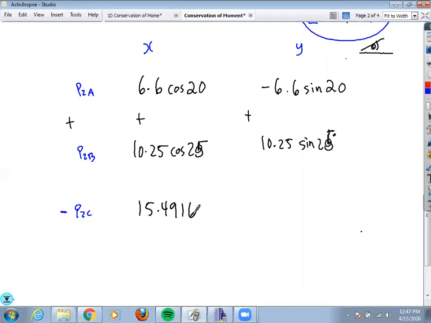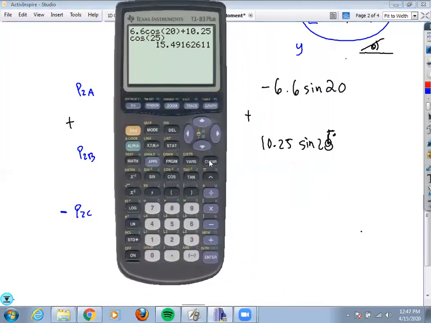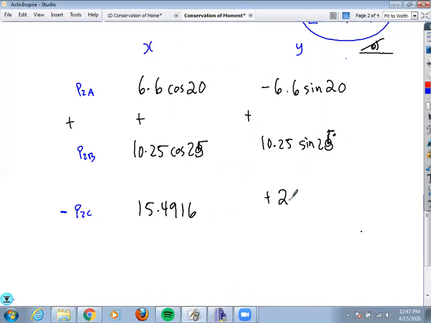Okay, so now we will take the y component. So negative 6.6 sine 20 plus 10.25 sine 25. And that gives us 2.0745. Positive. So positive 2.0745.